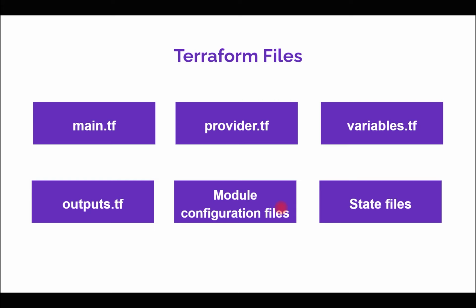Next file is the state file. This file contains the state of our Terraform infrastructure. We can use this state file to track the resources that are created or managed. It is like a simple JSON file that contains information about the resources our Terraform configuration created. It can be anything like resource ID, resource attributes, or any dependencies.